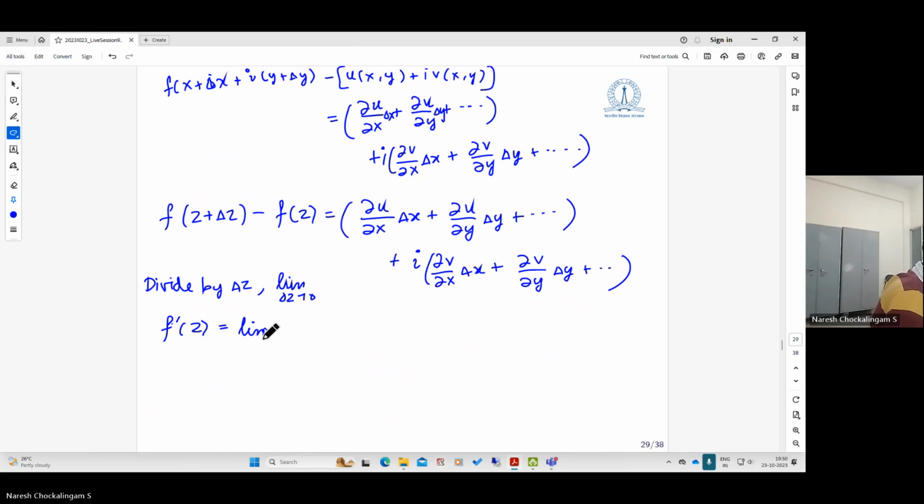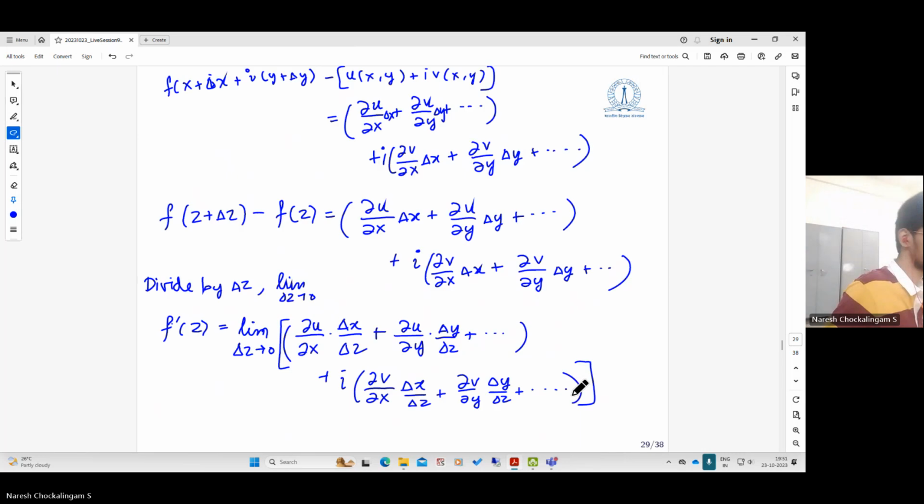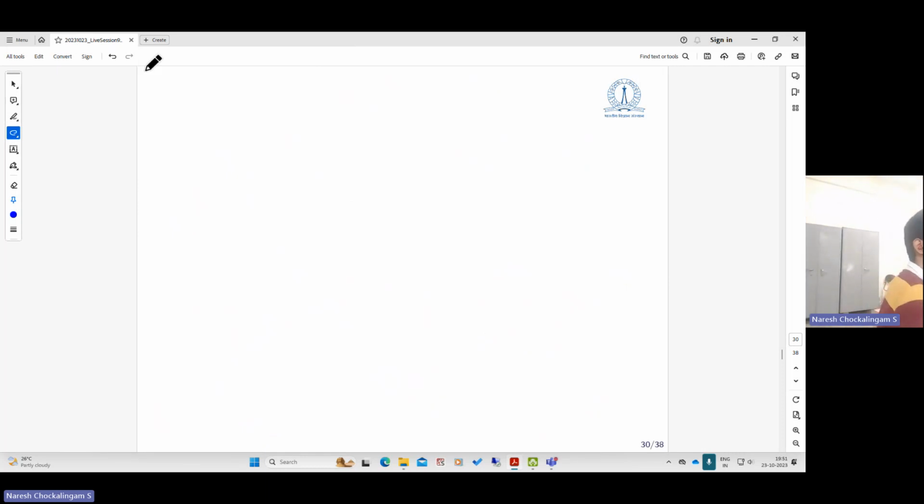So we get the limit as delta z tends to 0 of partial u with respect to x, delta x by delta z, plus partial u with respect to y, delta y by delta z, plus the higher order terms, plus i times partial v with respect to x, delta x by delta z, plus partial v with respect to y, delta y by delta z, plus the higher order terms. Now this holds for arbitrary delta z.